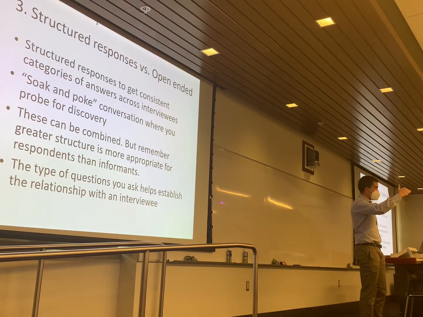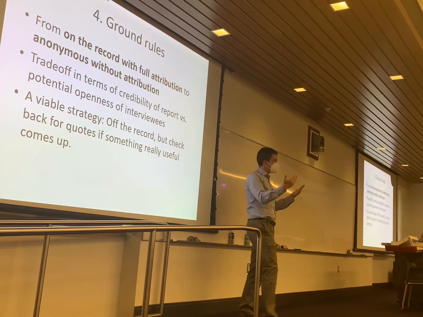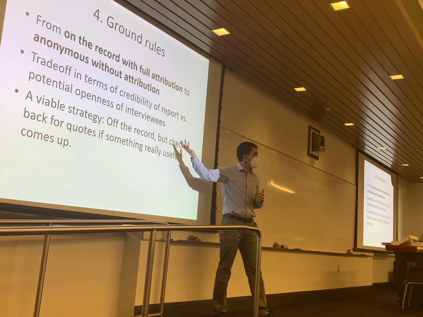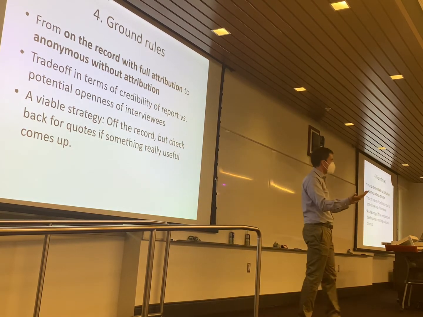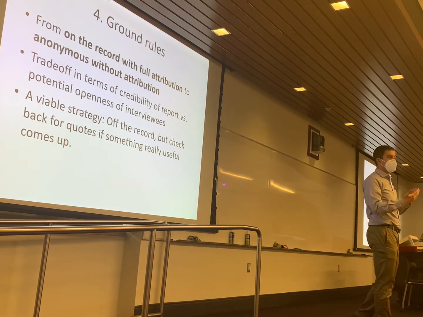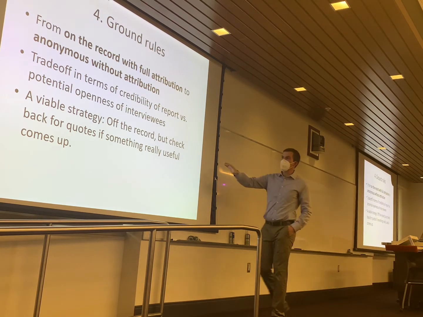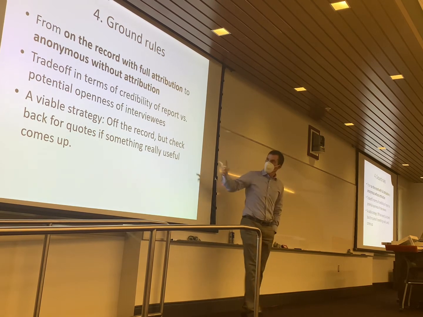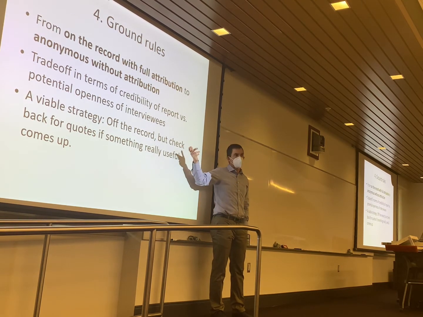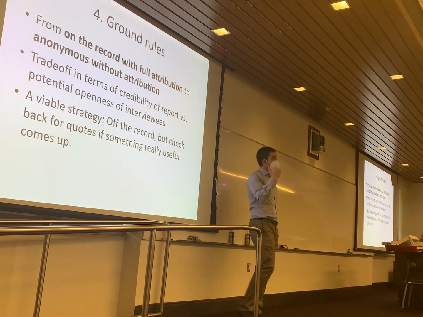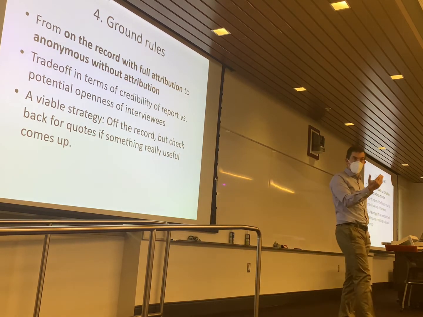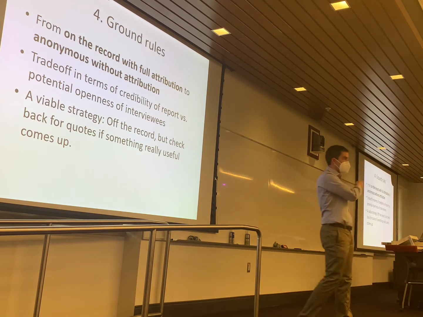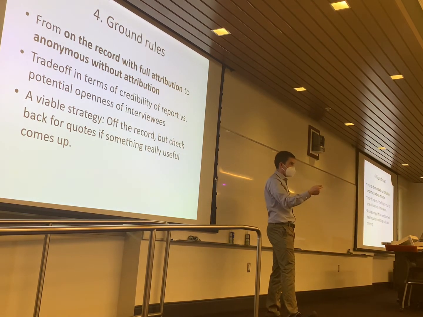Where you have names next to their quotations, you're going to have a lot more credibility in your report. It could potentially be a lot more powerful, but people might not be as open to saying things if you were going to work that way. Often I think a viable strategy for you all is either a default of off the record, but if there's something you want to use, you check with them: would you mind if we get back in touch with you and check this quote?